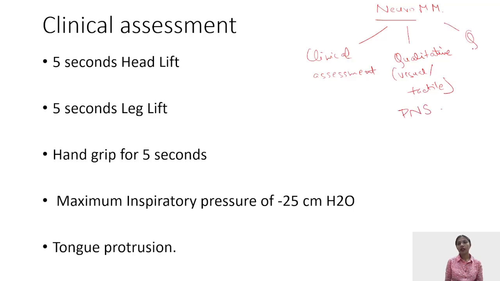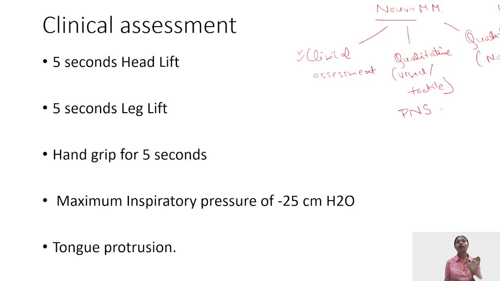And lastly, quantitative, in which a numerical value is displayed. This is highly reliable and the preferred mode of neuromuscular monitoring. The most preferred mode of neuromuscular monitoring is quantitative analysis. Done? But still, as old as gold, certain questions from the clinical assessment do come.